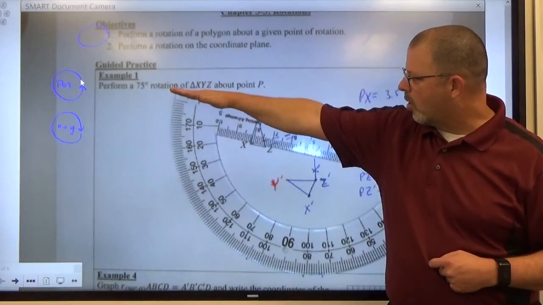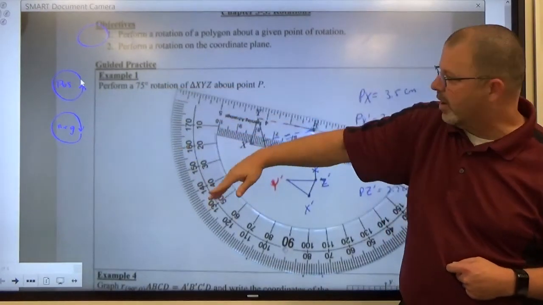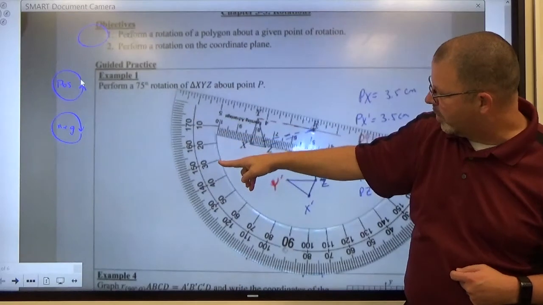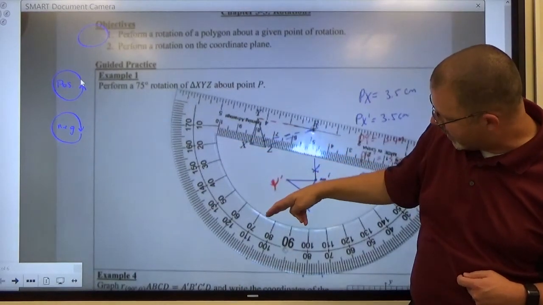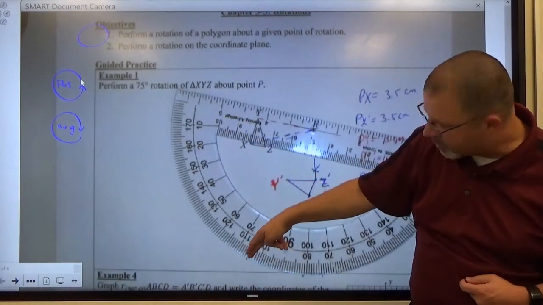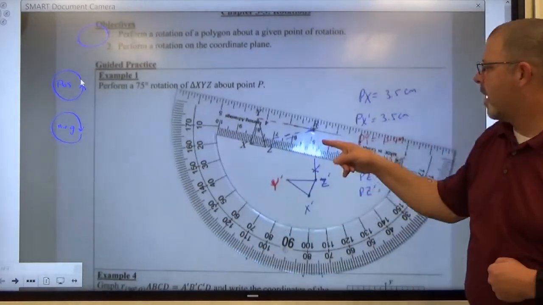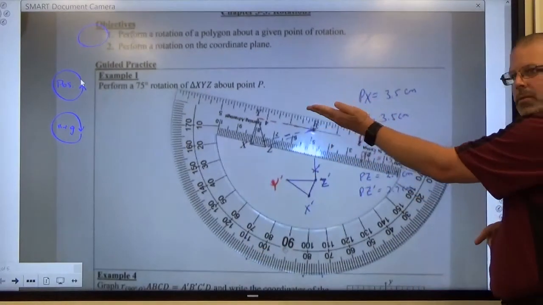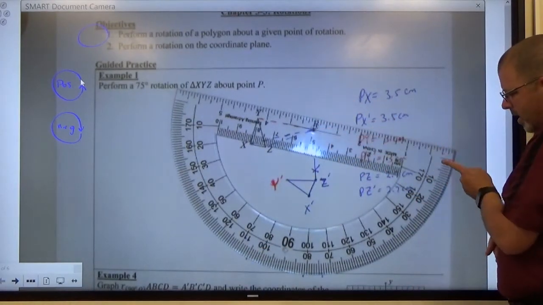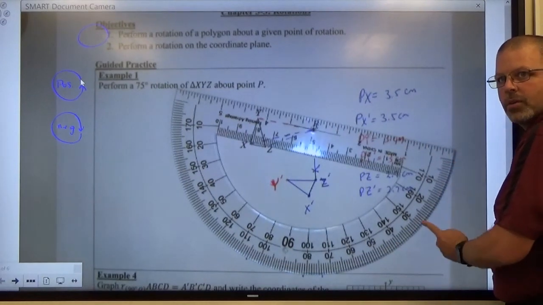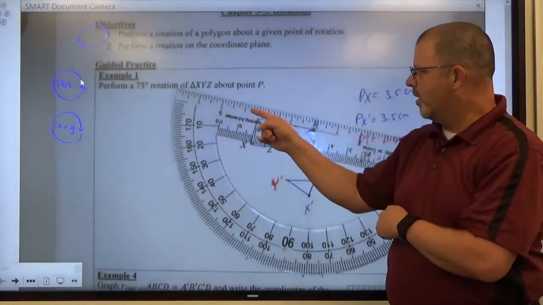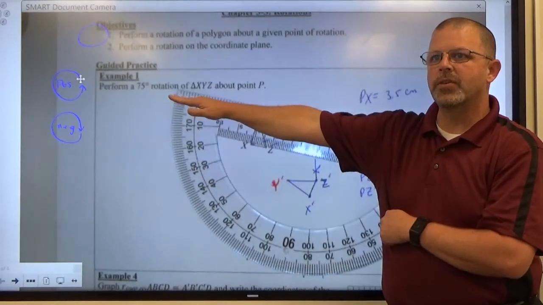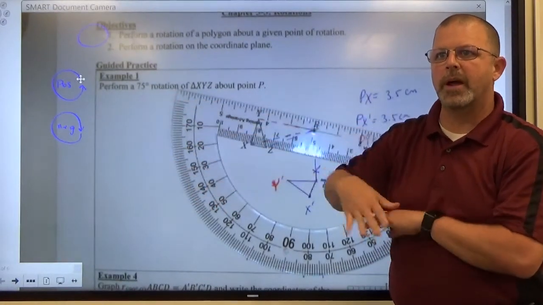So I'm growing in size as I come this direction: 10, 20, 30, 40, 50, 60, 70, 80. So 75 is right there. If my line was going this way, if I was coming over here, then I'm looking at the outside numbers. So whichever direction your line's going, that represents where 0 degrees is, and then you're growing from that as you come down the way.